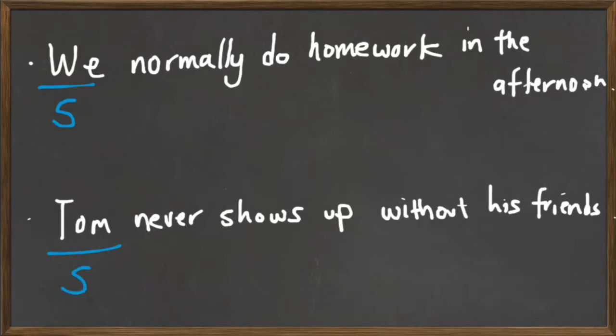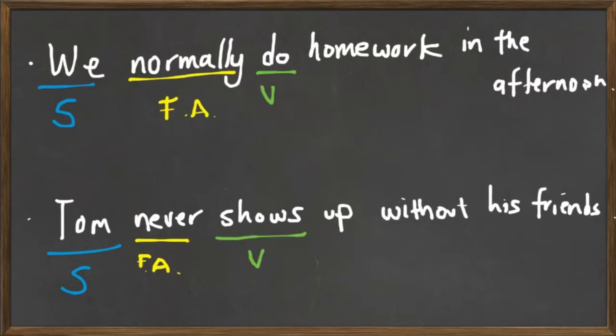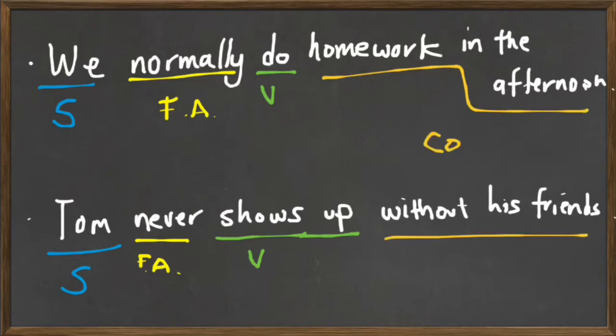Then we have our frequency adverb, because we're using an action verb: normally, and never. And then we have our verb, do, and shows. Well, actually it is shows up. It's a phrasal verb. You are going to see this in another class, in another level. And finally, we have the rest of the sentence, which is our complement.